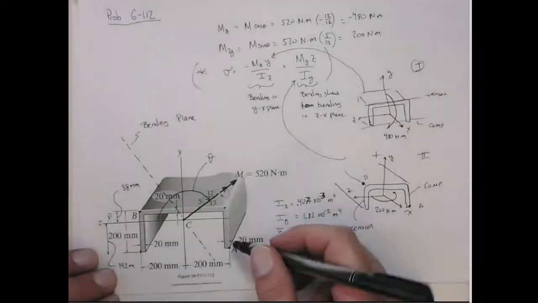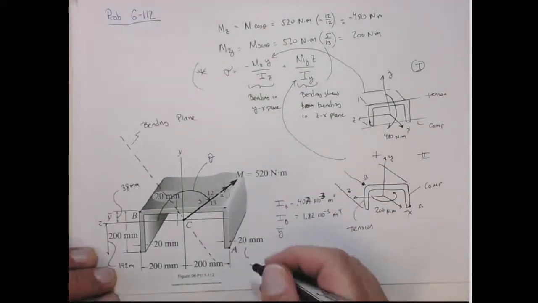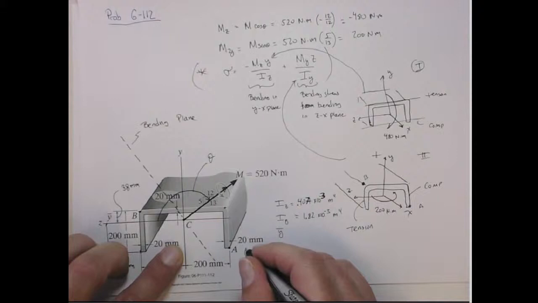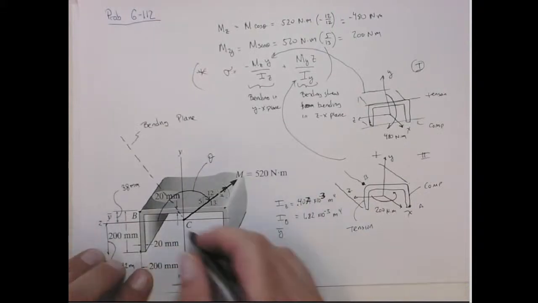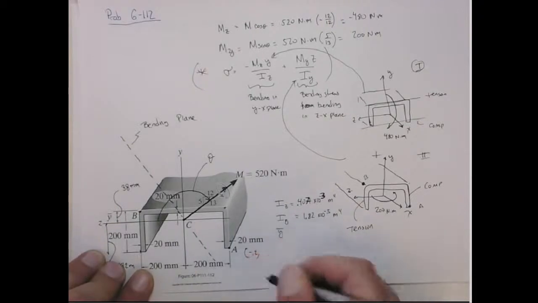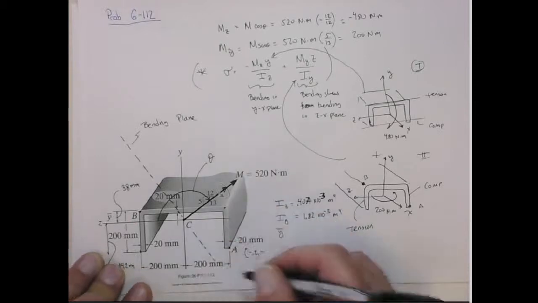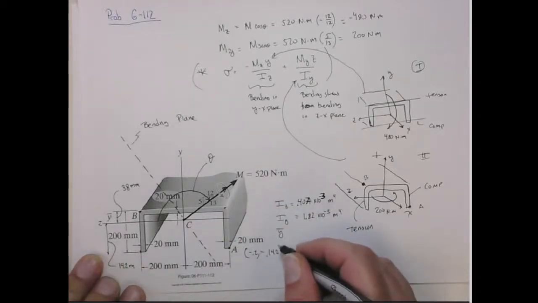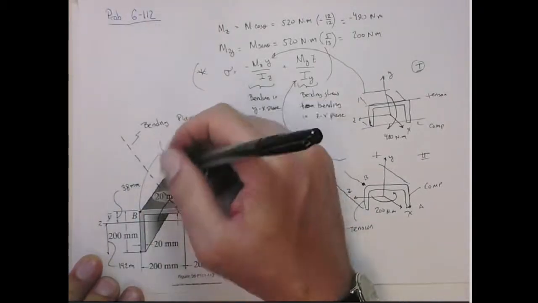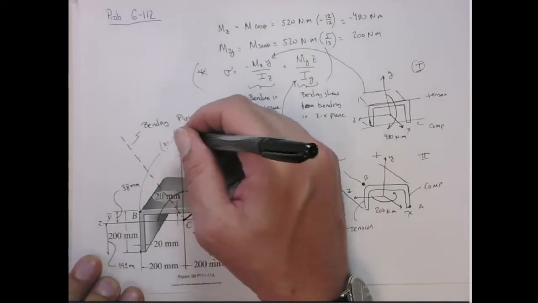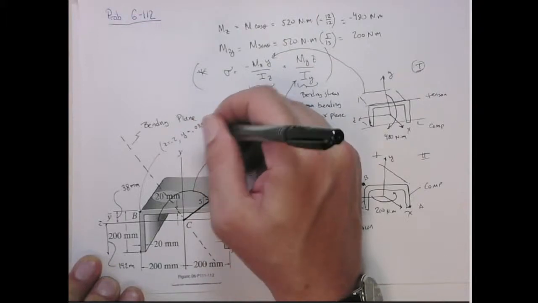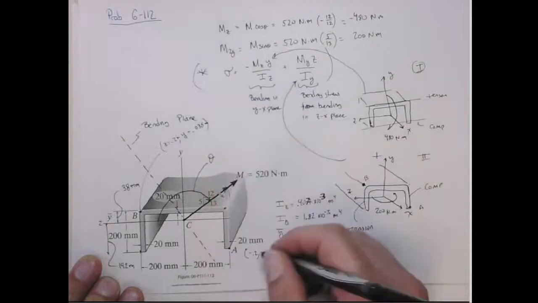It's at the coordinates z equal to minus 0.2 and y equal to minus 0.142. And this here is at z equal to 0.2 and y equal to 0.038. That's meters.